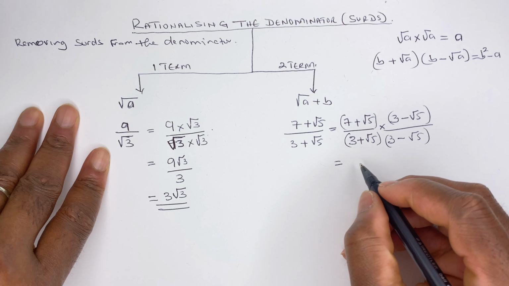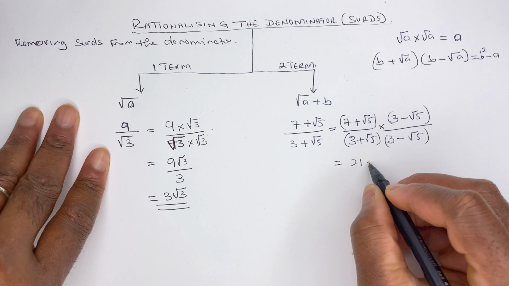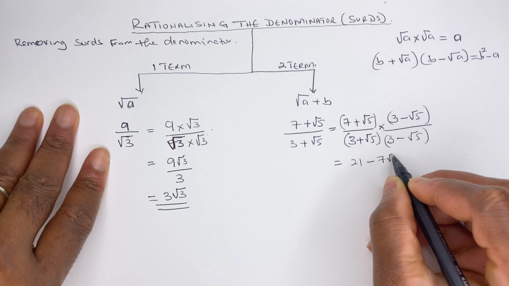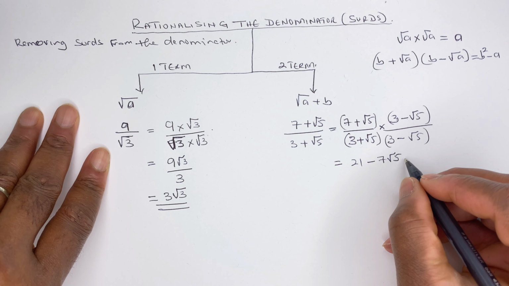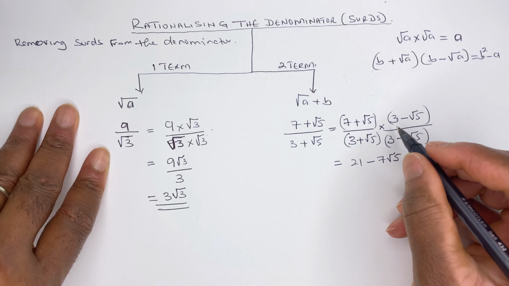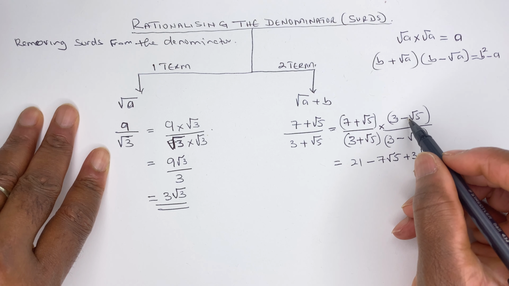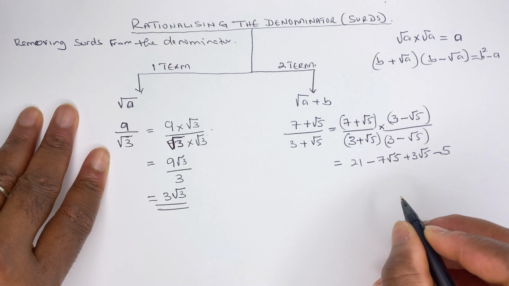7 times 3 is 21. 7 times minus root 5 is minus 7 root 5. Root 5 times 3 is plus 3 root 5, and root 5 times minus root 5 is minus 5.